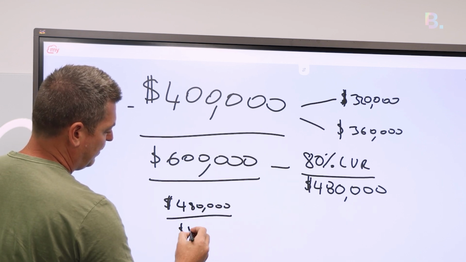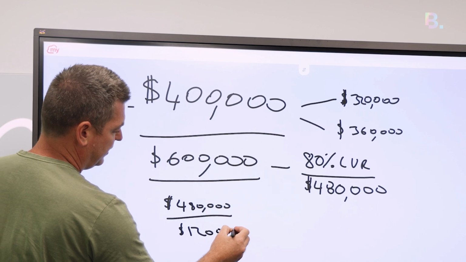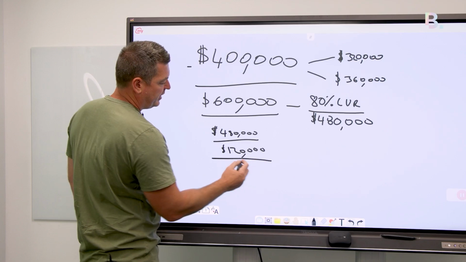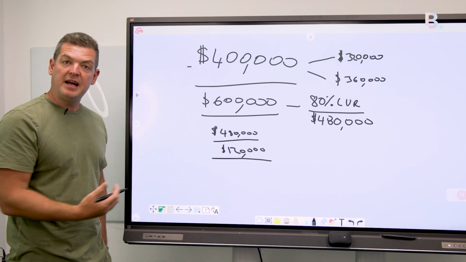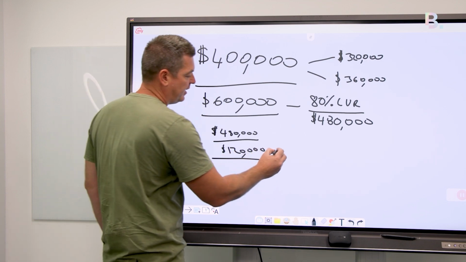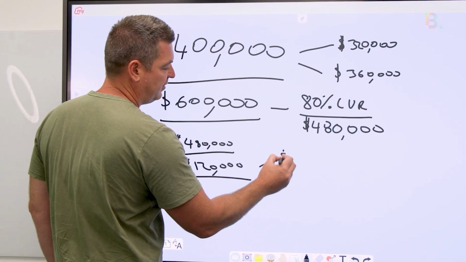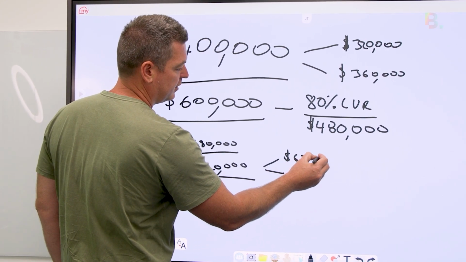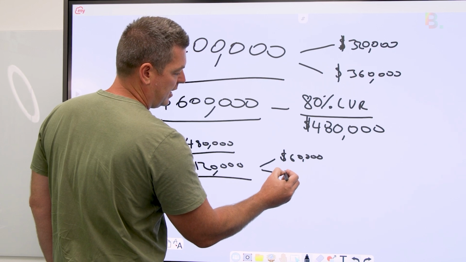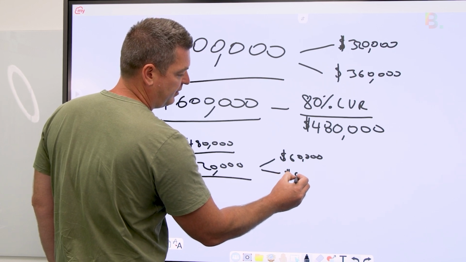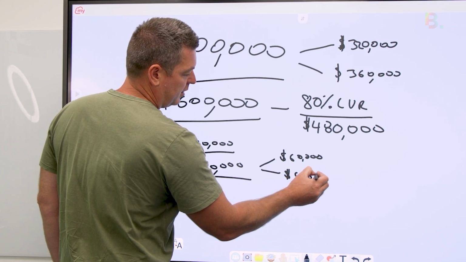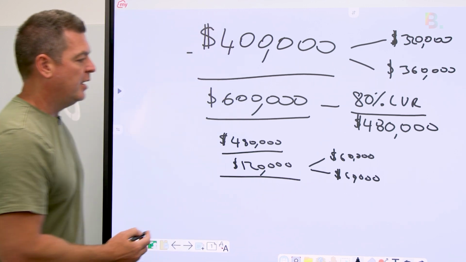That means you've got 120,000 left over. With that 120,000, you can pull it out as cash out, and you can use that as 2 deposits at $60,000 apiece to buy 2 properties. What sort of properties would that buy you?